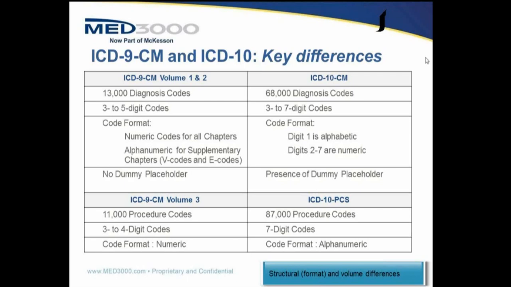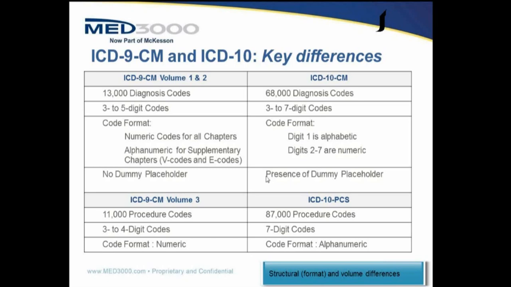If we look at ICD-9 and the number of diagnosis codes that we had, then look over to ICD-10, we can see the multitude and the change in that number. This slide shows the differences: we're going from 3 to 5 digits over to 3 to 7. In the new ICD-10, your first digit will be an alpha, and then digits 2 through 7 will be numeric.